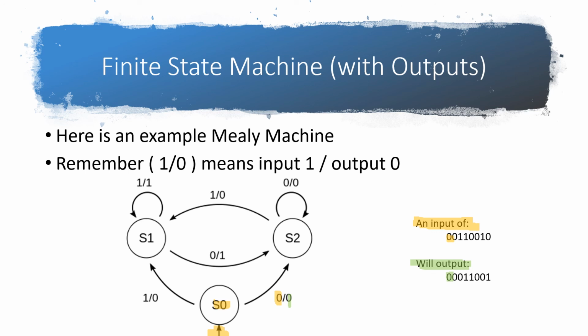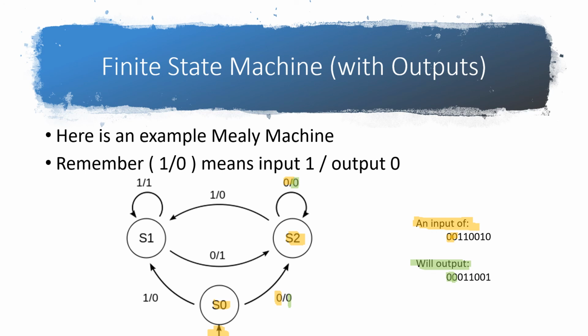And now we're going to be on S2. So this next 0 is going to give us this transition. It's going to output a 0, and it's going to be the second 0 there. Okay.